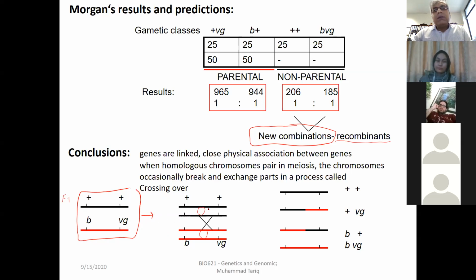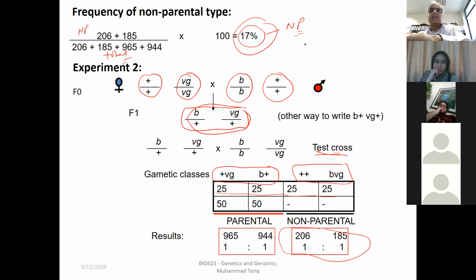Now, the position of a gene on a chromosome is called a locus. Plural is loci. So the distance between the two loci, black, capital B, and vestigial, determines the ratio of recombination.